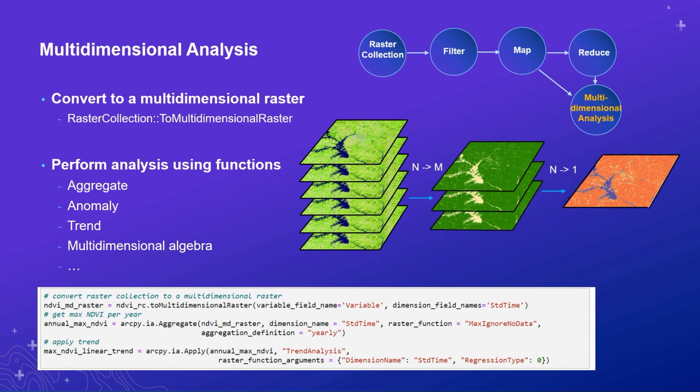To do that, you use this to-multidimensional-raster function to convert the Raster Collection to a multidimensional raster, and then you use the functions built for the multidimensional raster. For example, in this example that Kaishi is going to show, which includes the aggregate and trend functions. So then we process, aggregate, and generate a trend raster as the final analysis result.